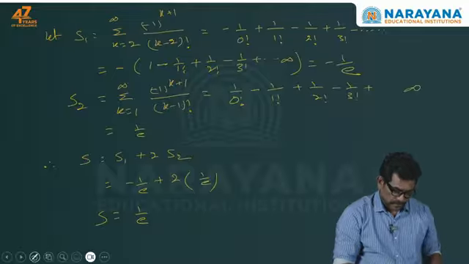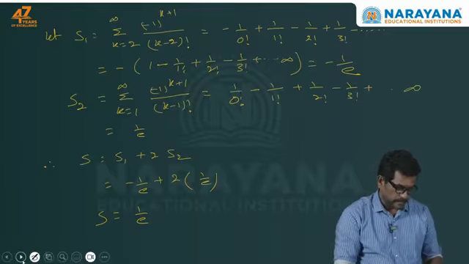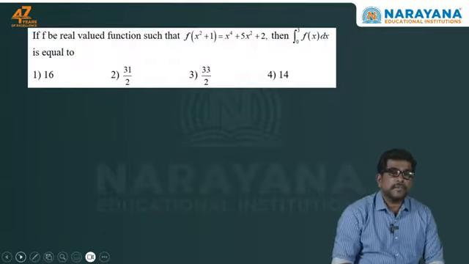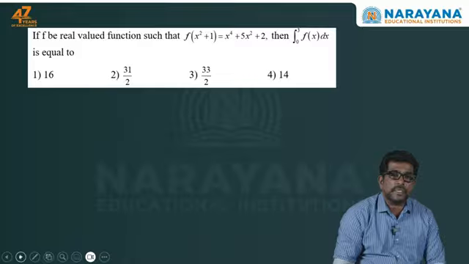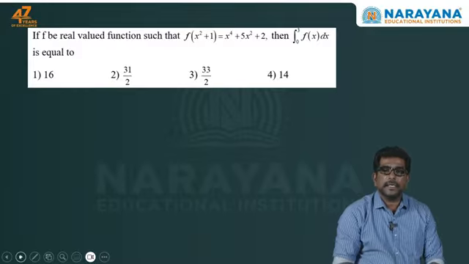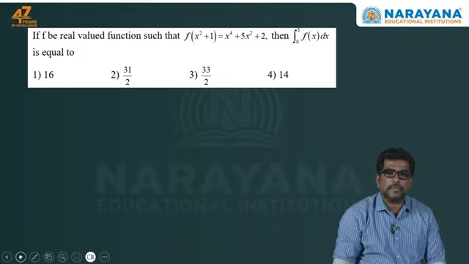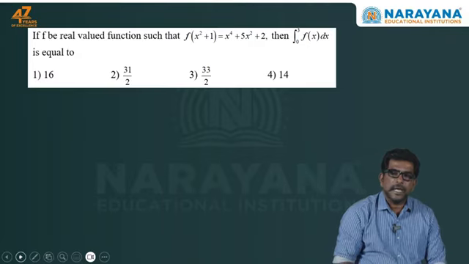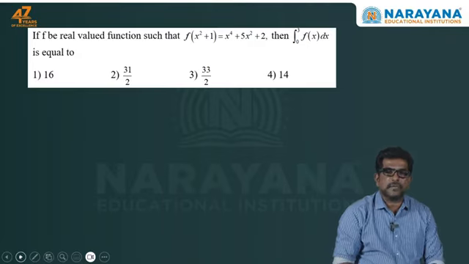Next one is, yes: if f is a real valued function such that f of x squared plus 1 is equal to x to the power of 4 plus 5x squared plus 2, then integral 0 to 3 of f of x dx is equal to, they are asking. The problem is related to definite integration, and they have not given the function directly.